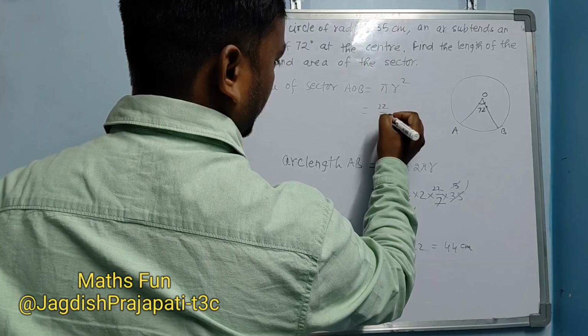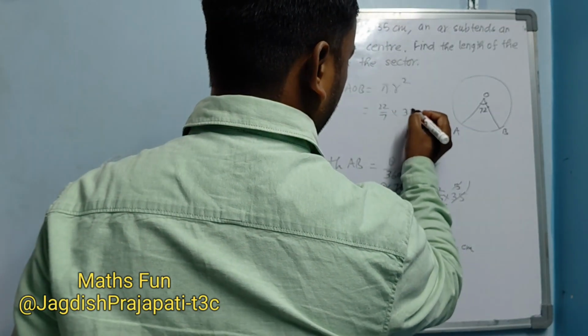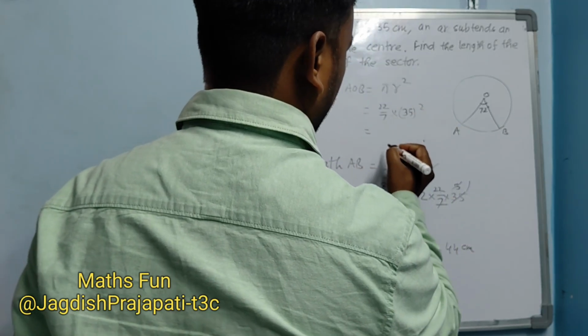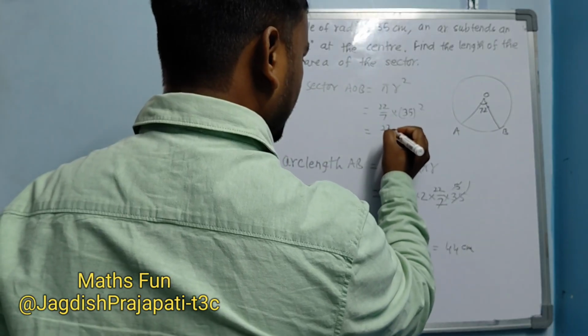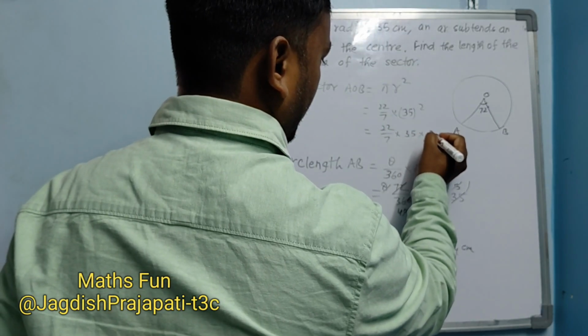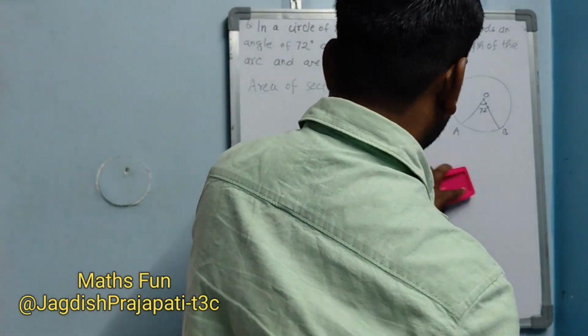Pi is 22 by 7, r is 35 square. So for making this calculation easy, let us write this twice, that means 35 into 35.